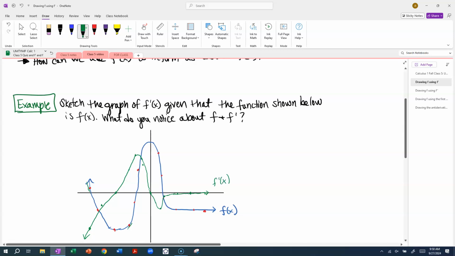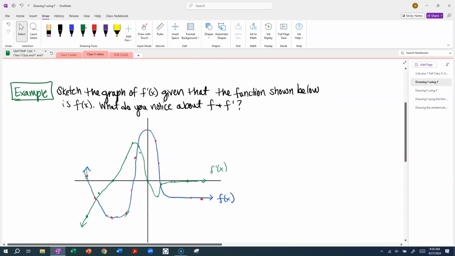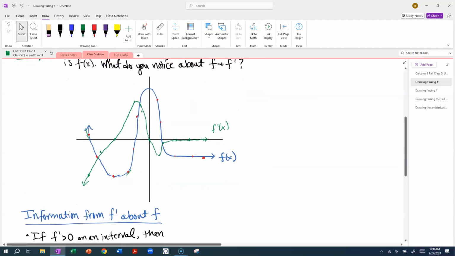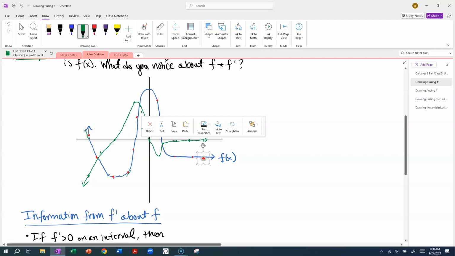Again, it's the graph of the slopes of f. Okay, and so just some connections here. We see that when the slope of f is 0, we touch the horizontal axis, and negative and positive slopes are seen as negative values or positive values respectively.